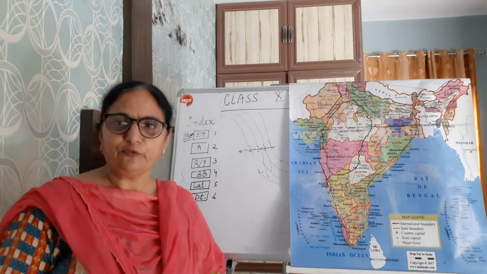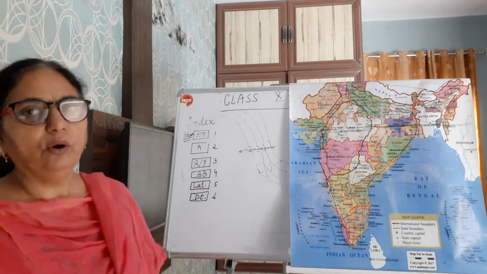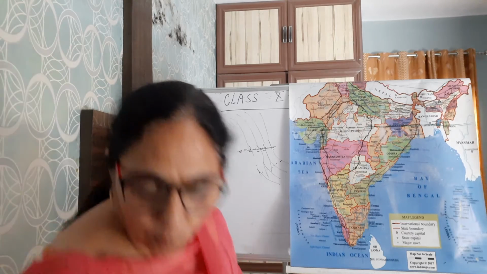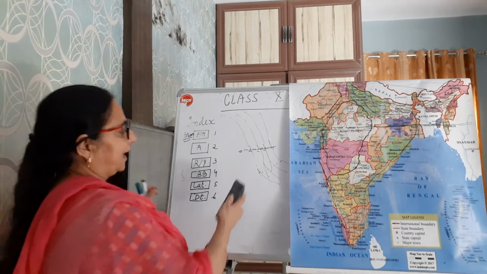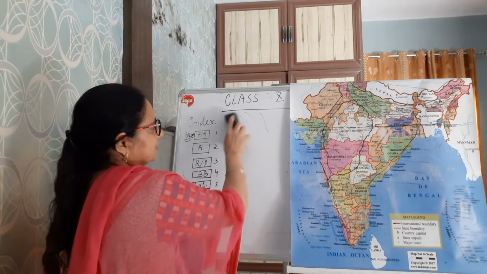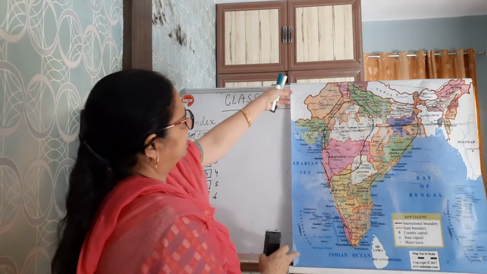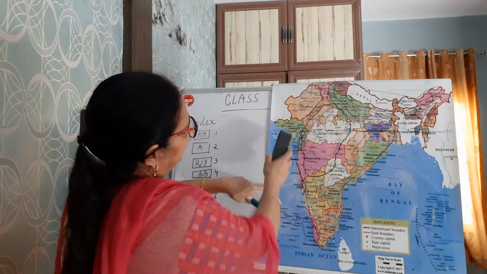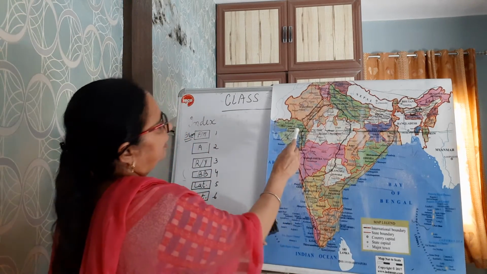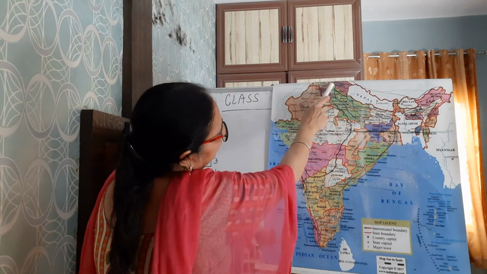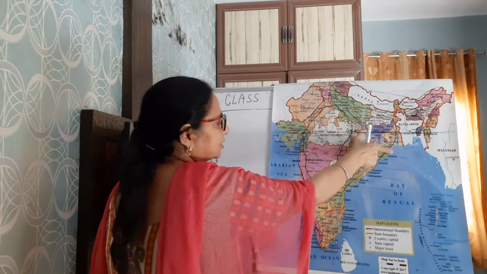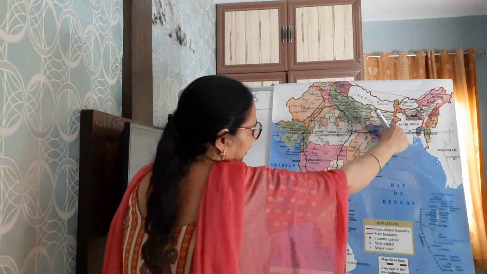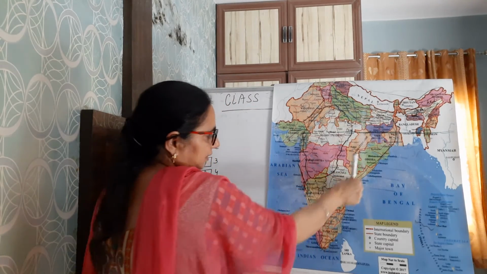affect it. So that's why I'm telling you that alluvial soil is the most fertile soil and covers the most widespread areas of India, right? You may check it here also. From here, Punjab, Haryana, Gujarat, this much belt, right? Then it gets narrowed down here.